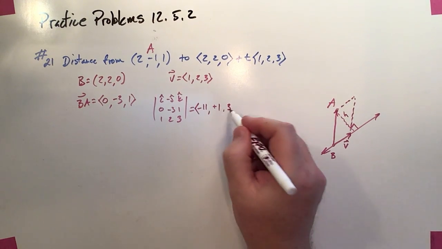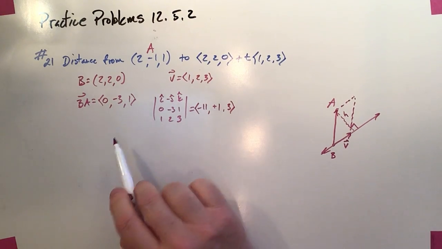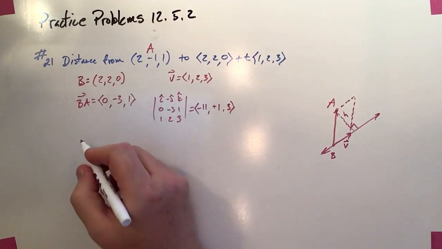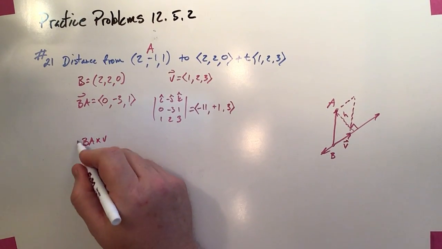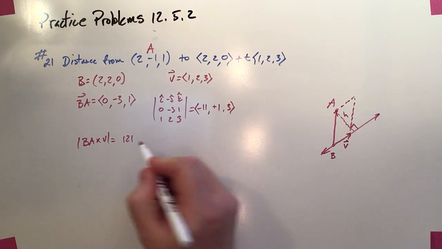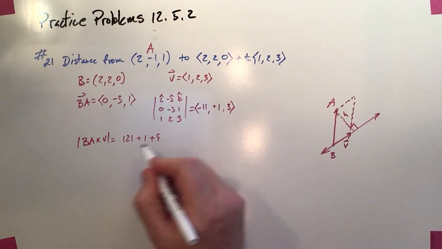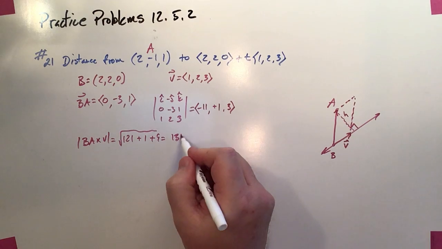So there's the vector that represents the cross product between BA and V, and its magnitude will actually be the area of this parallelogram. So let's find its magnitude. BA cross V's magnitude will be equal to the square root of 121 plus 1 plus 9. So this is going to be the square root of 131.